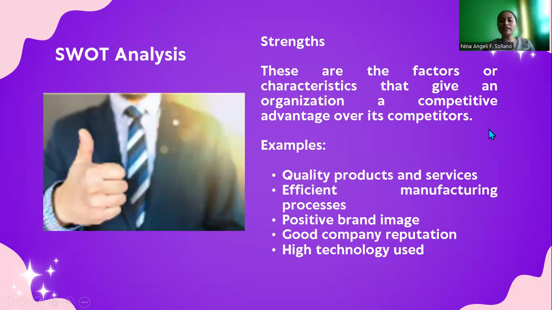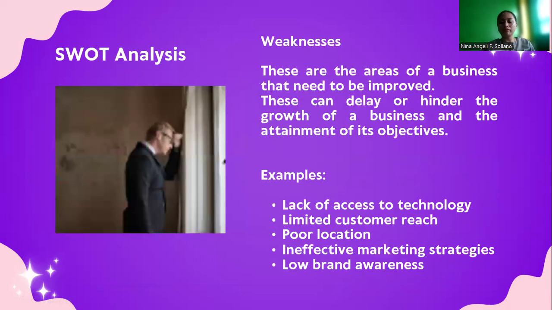So strengths are the advantage over competitors, because in this way you will know what your best is. Okay, so examples: quality products and services that you offer, efficient manufacturing processes, a positive brand image or good company reputation, or high technology use.